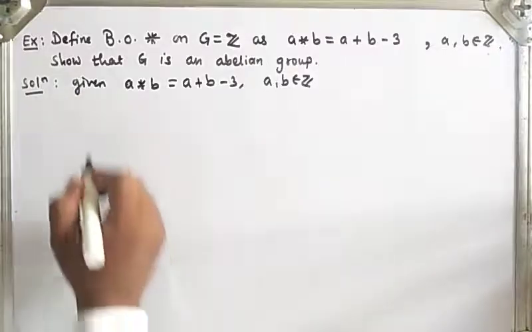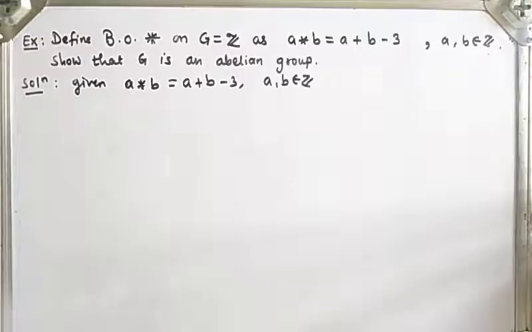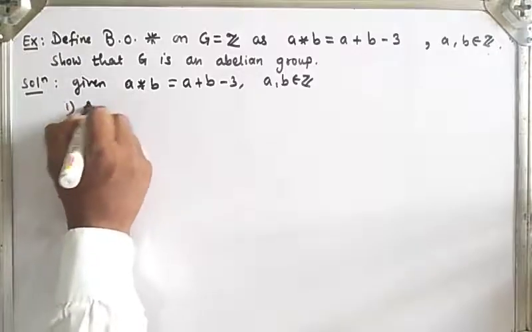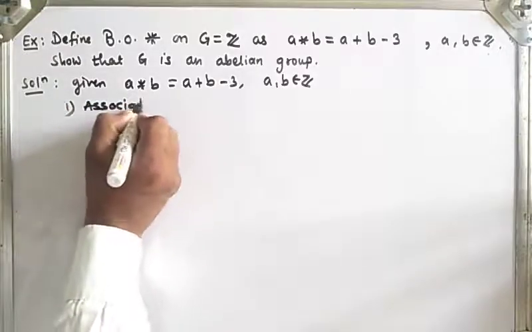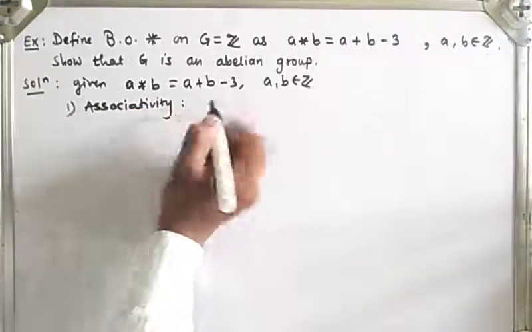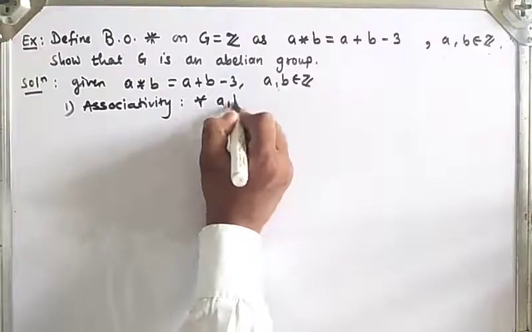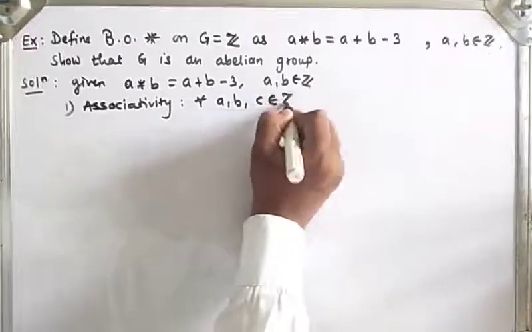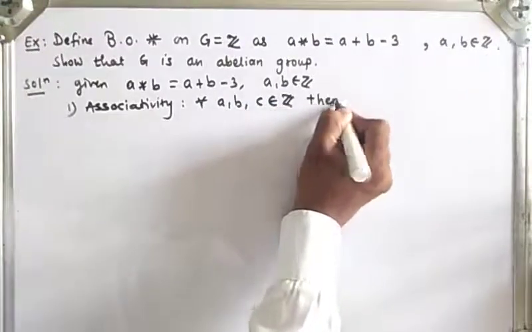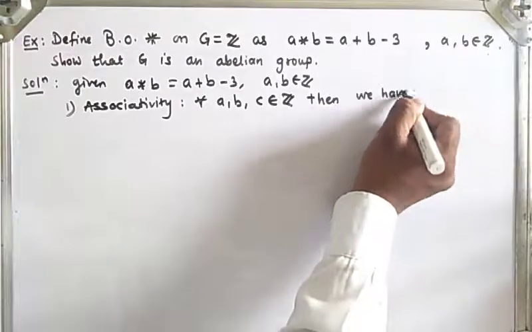So first, check associativity. For associativity I will take three elements. For all a, b, c belonging to the set of integers, we have the following.